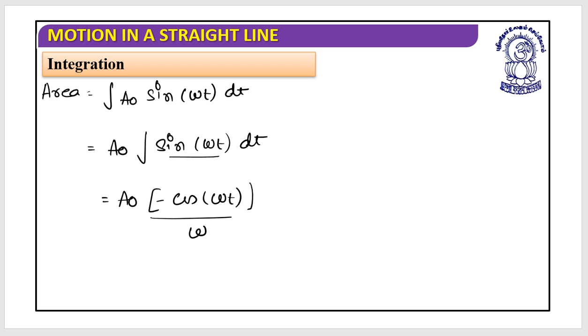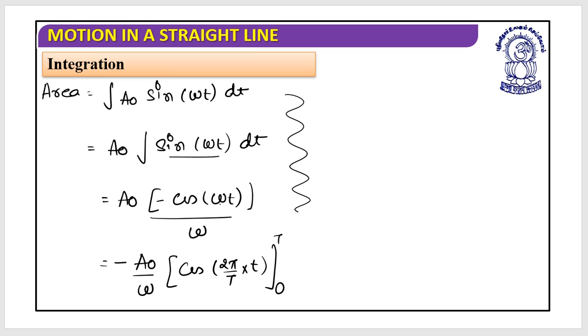Yes, so let's rewrite this. This is a naught by omega into the bracket of cos omega t. What is omega? It's 2 pi by capital T, into t. From where to where? From 0 to t.